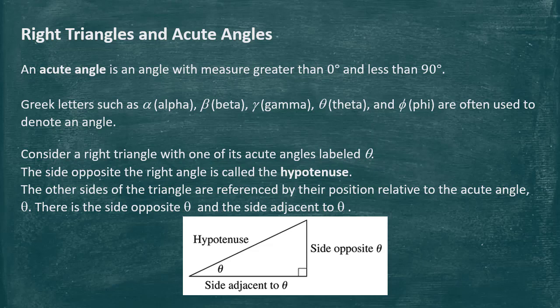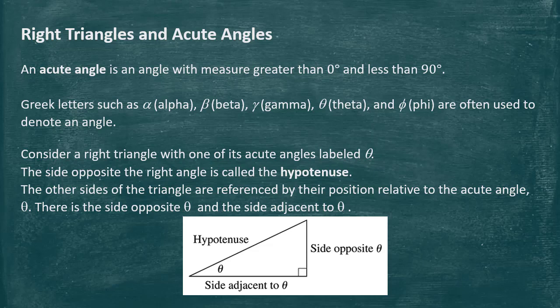And usually our angles are represented using Greek letters such as alpha, beta, gamma, theta, phi, as just a few examples, but there's even more. Mathematicians have decided that Greek letters differentiate themselves enough from the trig that they stand out a little bit more.